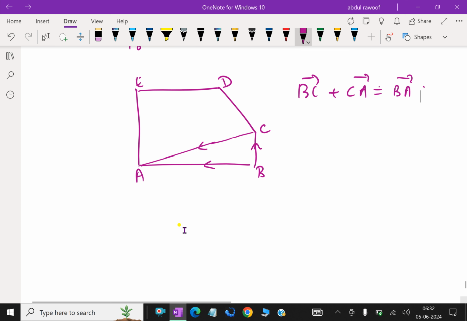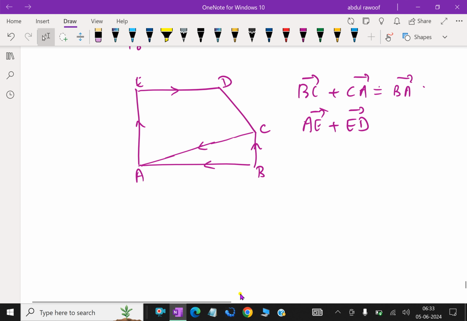Now, what is AE plus ED in this figure? Look here. AE is in this direction, ED is here.